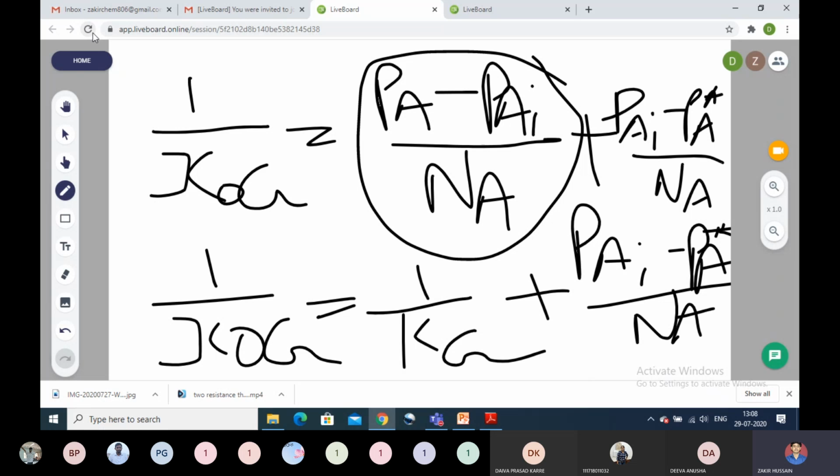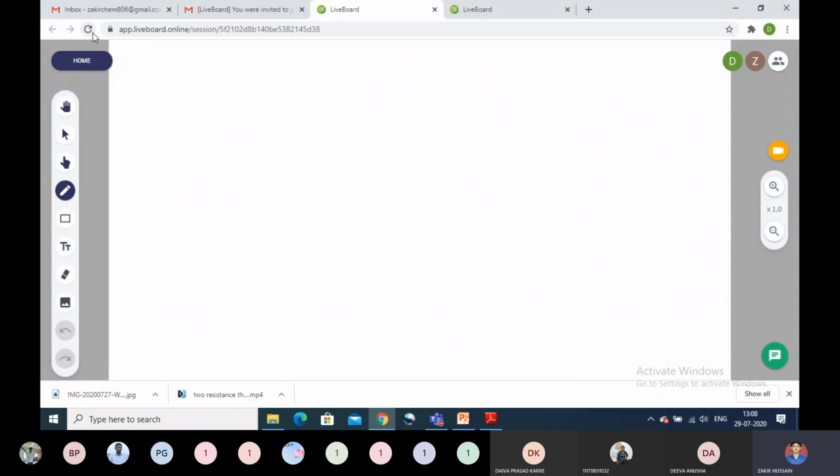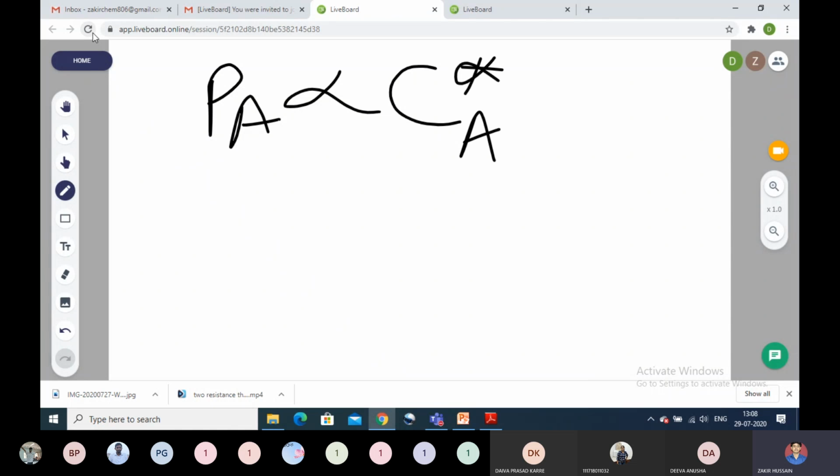Whatever the left equations are there, we need to convert them into concentrations using Henry's law. What is Henry's law saying? Wherever the partial pressures are there for the component A, it is directly proportional to the concentration which is in equilibrium with that partial pressure.